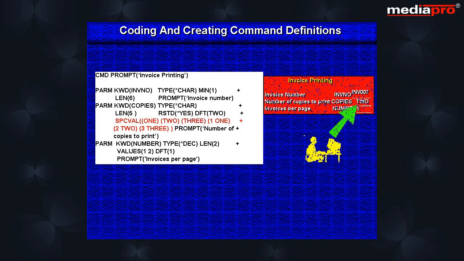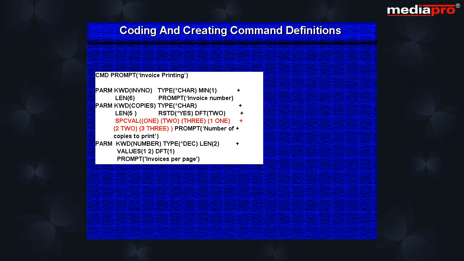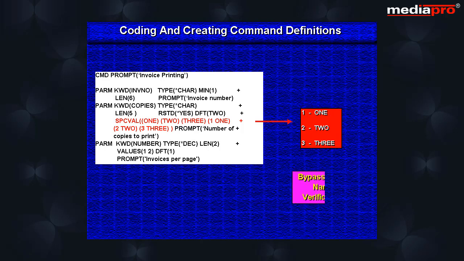Alternatively, the user can also enter these values in the numeric form. The numeric forms will automatically be converted to the corresponding character values specified, such as 1 will be converted to ONE.